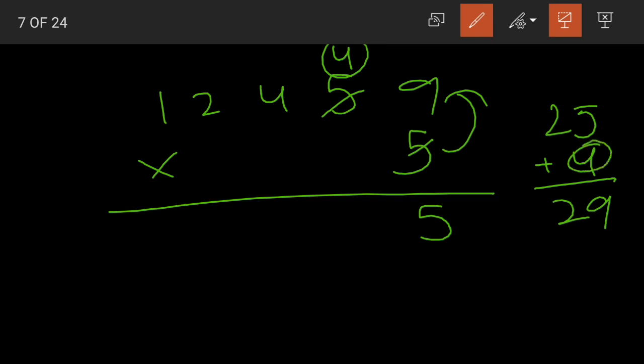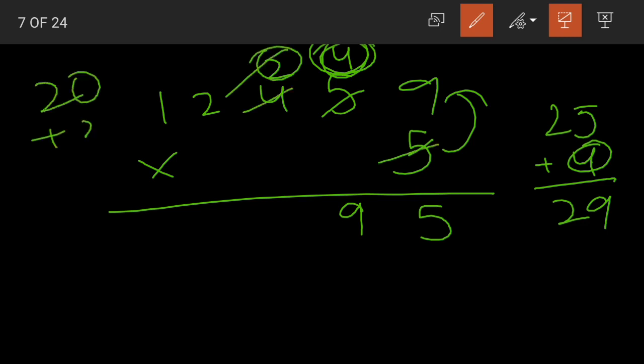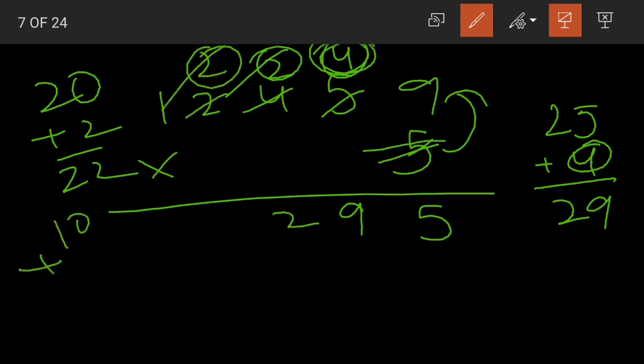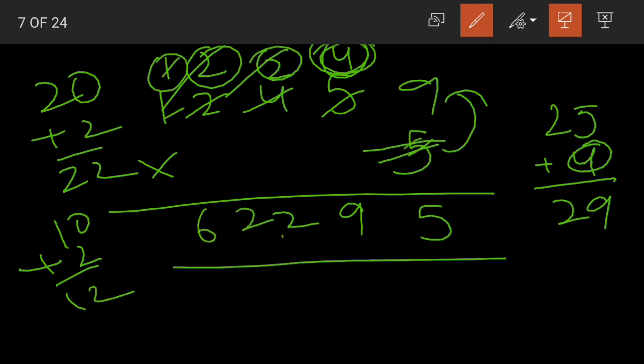Yes, how did this 4 come? Here we have carried, right? So that is the 4. 9 here 2 carried, 5 fours are 20, plus 2 becomes 22. 2 here 2 carried, 5 twos are 10, plus 2 becomes 12. 2 here 1 carried, 5 ones are 5, plus 1 becomes 6. What is the final answer children?